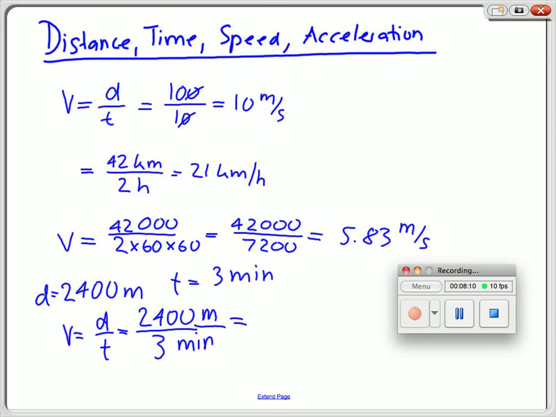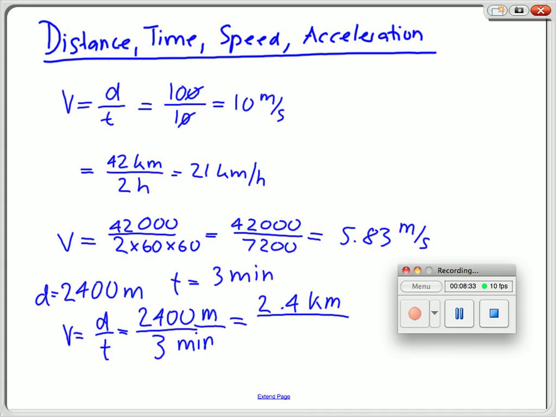I need to divide the 2,400 meters by 1,000 because there's 1,000 meters in 1 kilometer, and I want to go from meters to kilometers. So if I do this on my calculator, I get 2.4 kilometers in 2,400 meters.